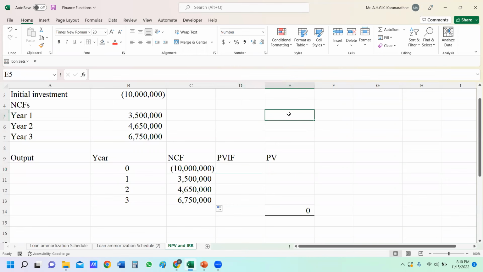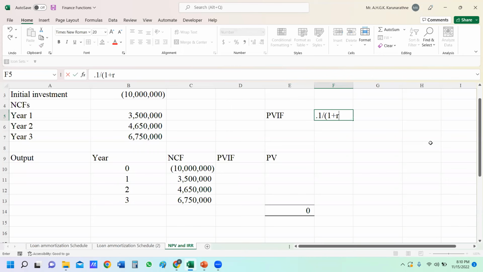You are familiar with this from financial management, the present value interest factor. So what is the PVIF formula? PVIF, the present value interest factor, is usually equal to 1 divided by (1 plus R) to the power n. So this is the formula: 1 divided by (1 plus R) to the power n.